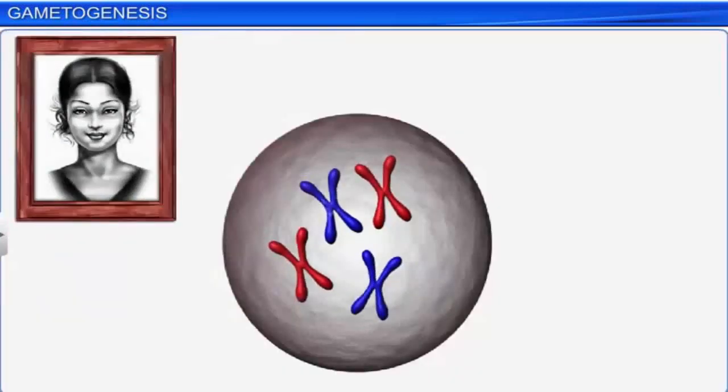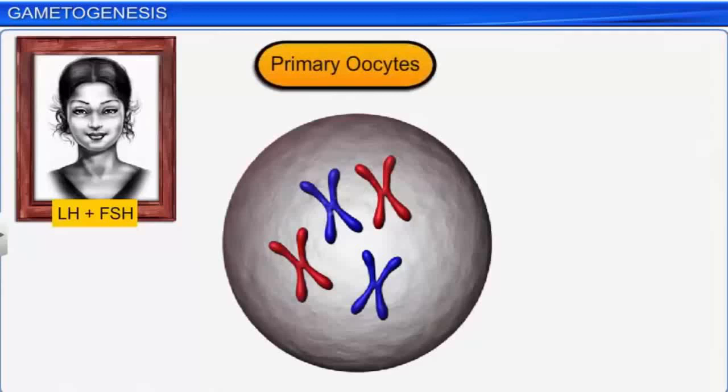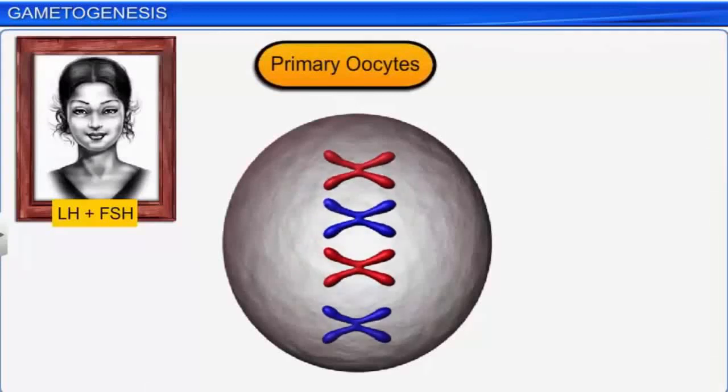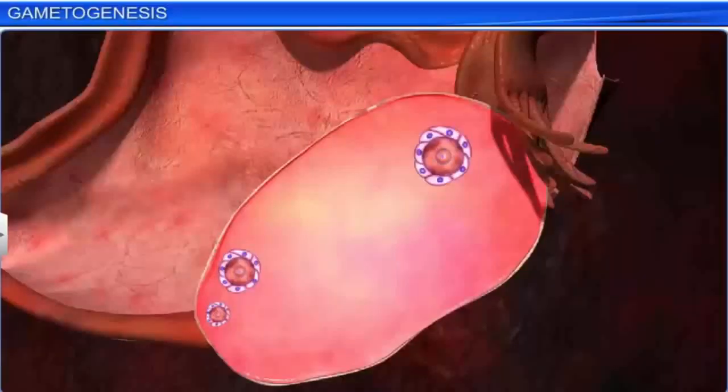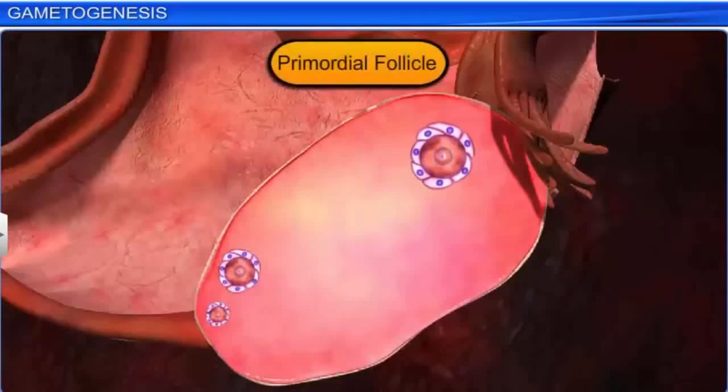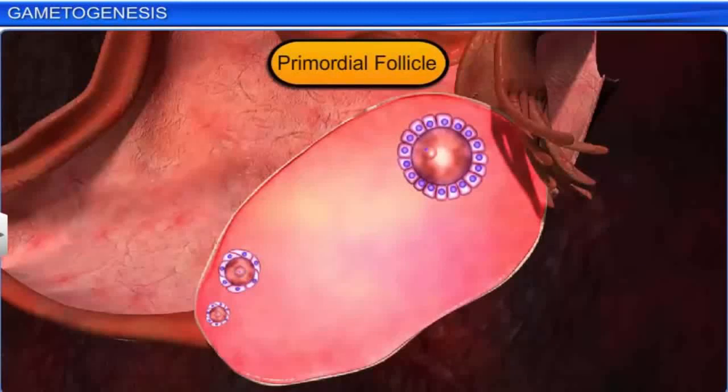At puberty, the release of LH and FSH hormones stimulate some primary oocytes to resume meiotic division that had begun during the woman's fetal stage. Moreover, due to FSH, the squamous cells of the primordial follicle enlarge and become cuboidal.